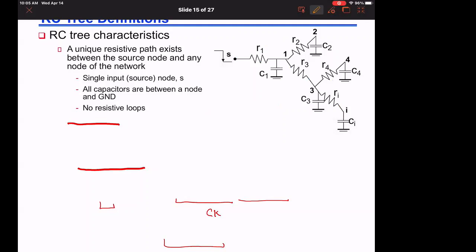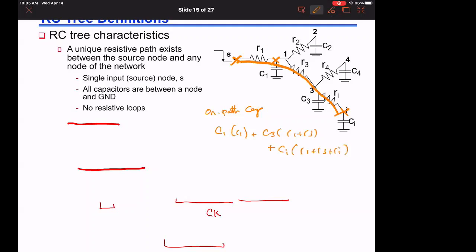Therefore for the on-path capacitors, if this is my path from the source to the output, I multiply each one: C1 by R1, plus C3 times R1 plus R3, plus Ci times R1 plus R3 plus Ri.